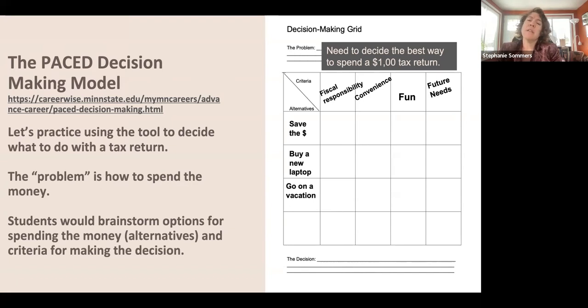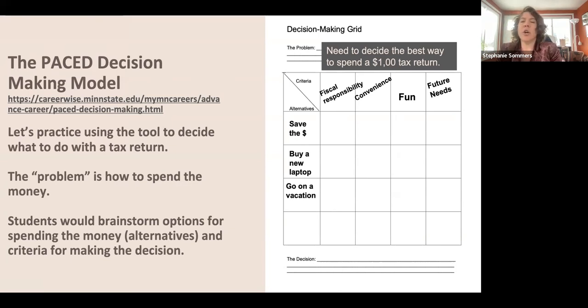Then students would go through here and fill this in a little bit. Obviously, saving money might be most fiscally responsible, so I might put something here like, I could have this money in a bank account for a rainy day fund. Maybe I know in the future I could use that money down the road. If I wanted to put off going on a vacation now, I would have it for later.